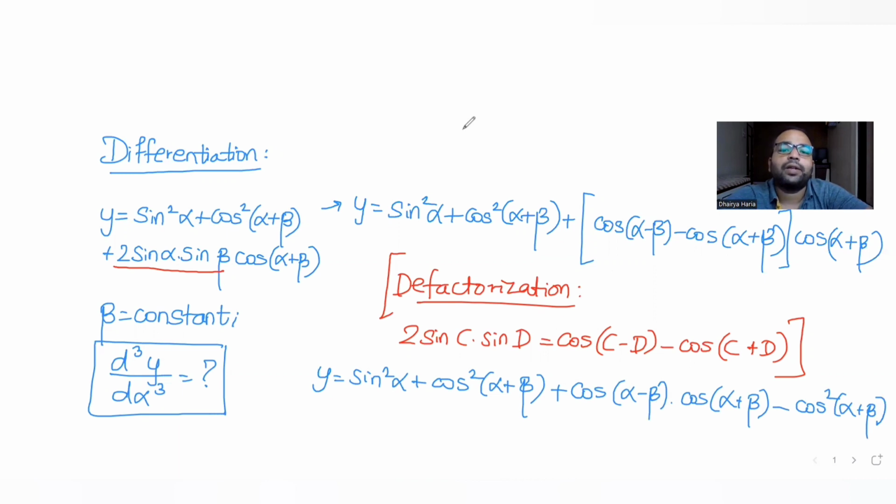Now what I get here is cos²(α+β) and minus cos²(α+β) get cancelled. So my value of y gets simplified, and y is equal to sin²α plus cos(α−β) cos(α+β). This is how y gets simplified.